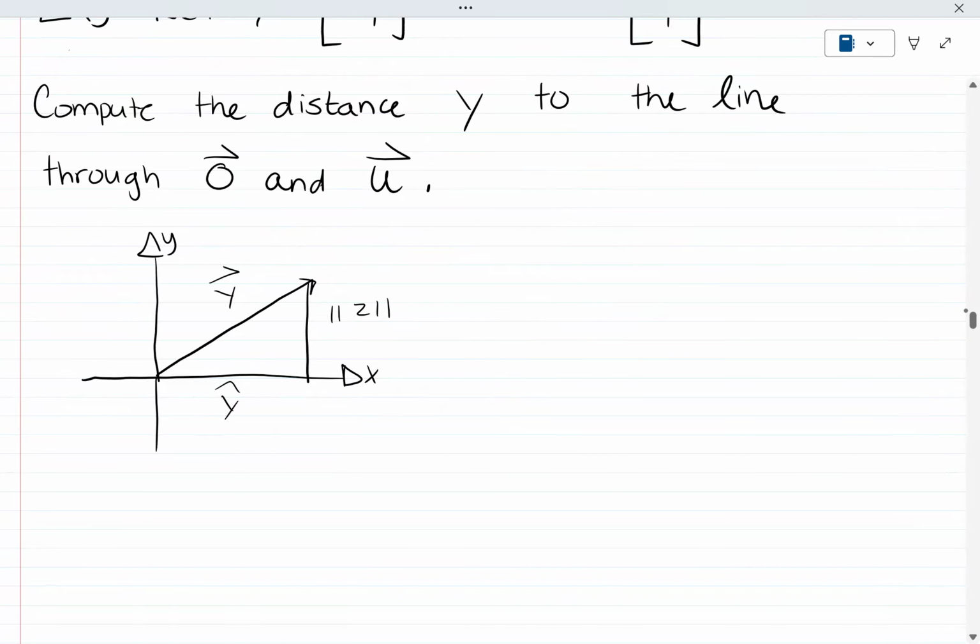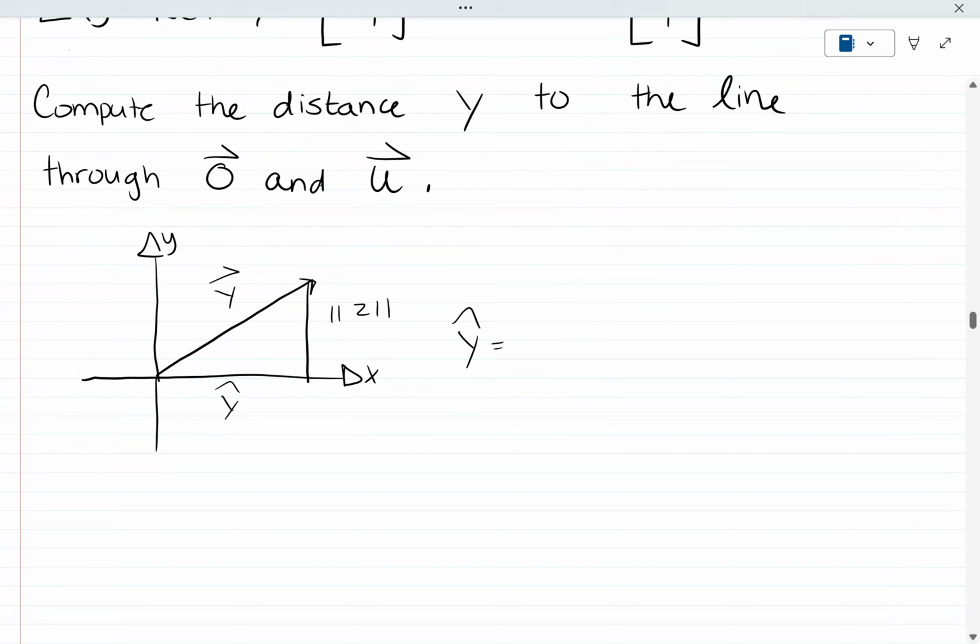So what we know is if we want to find z, we need to find y hat, because z is the same thing as vector y minus y hat. So how to find y hat?